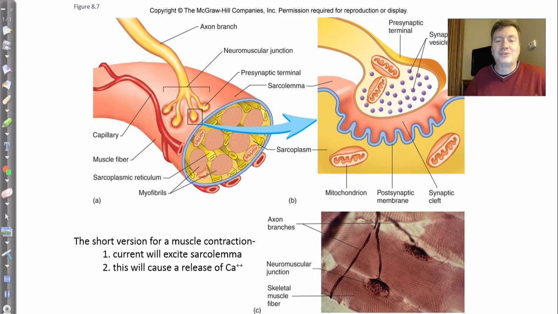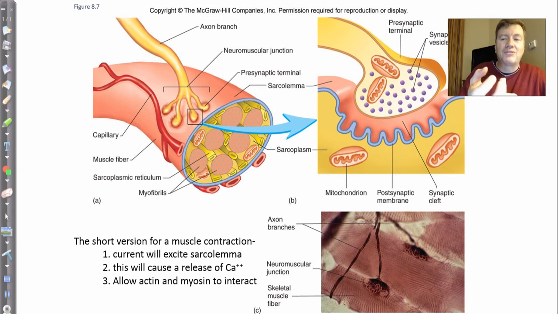When it does, it's going to excite the sarcolemma, causing a release of calcium. If calcium is now available, calcium is going to allow actin and myosin to interact because calcium binds to troponin, which moves tropomyosin out of the way. Myosin can now grab actin and pull.